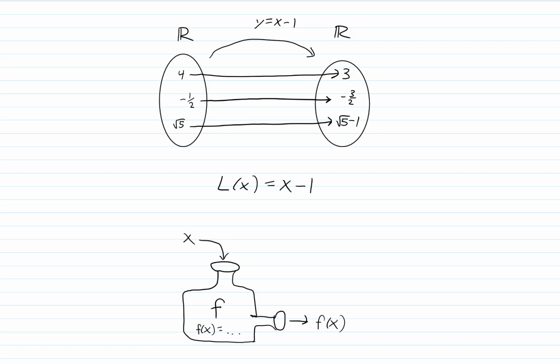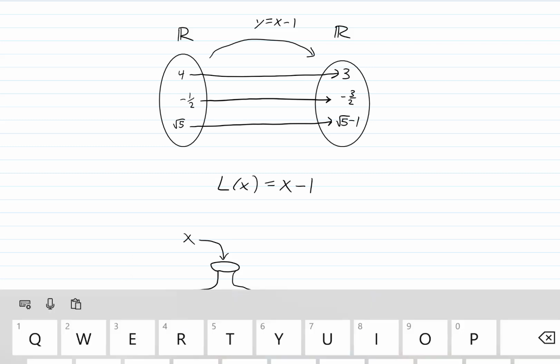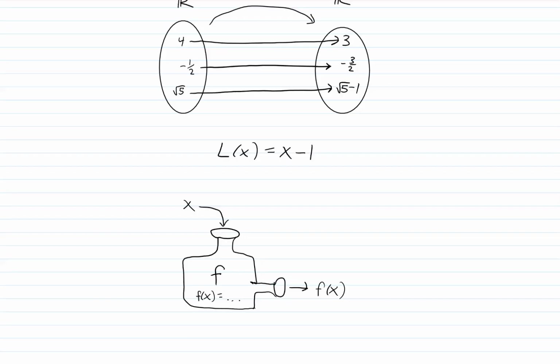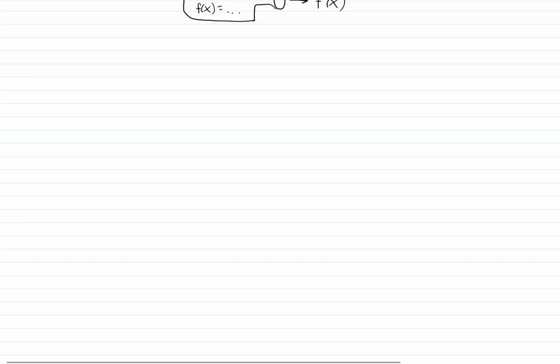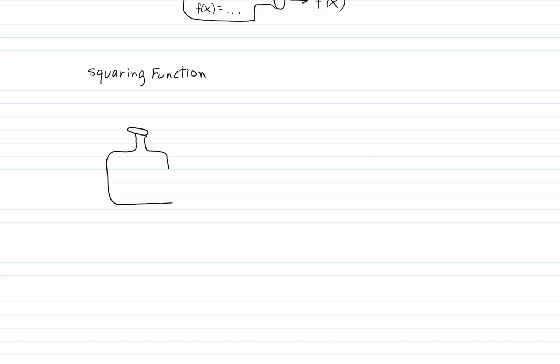Okay? In the book, they give 3 quick examples. I'll just go ahead and go over them with you because they're all good. So you have one called the squaring function, where, let's call it f, f of x would be x squared.